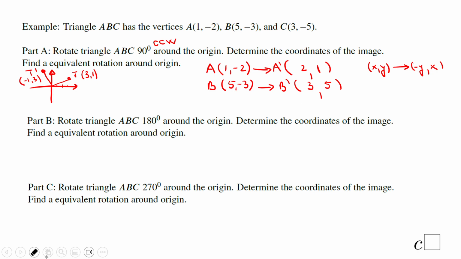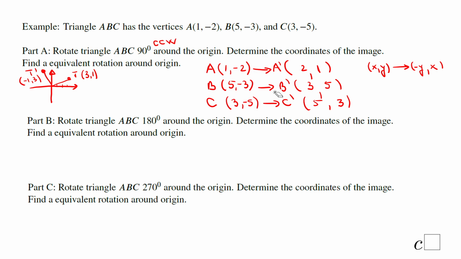So no reason to put that sign there. C, which is 3 and -5, becomes C prime, and what we're gonna do here, we switch them, and then we change the sign of y, which is this one stay positive. And that is part A.